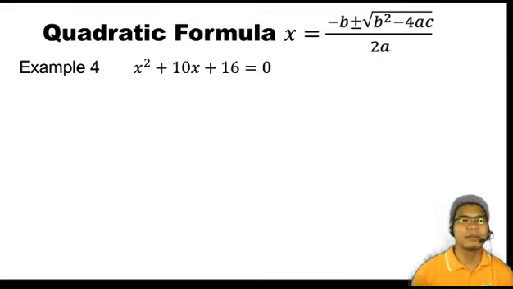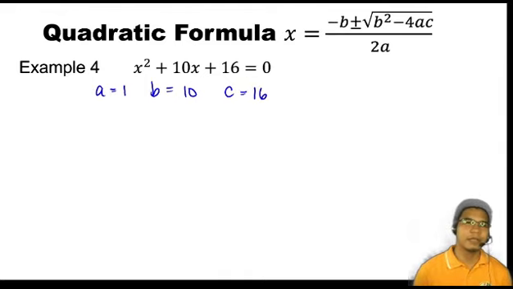So, yung example number 4 is x squared plus 10x plus 16 equal to 0, which is, again, already in standard form. So, dahil standard form na siya, kunin na natin yung value ng a, B, and C. So, ang A natin dito is positive 1. Ang B is positive 10. Tapos, ang C ay positive 16. Tapos, substitute na natin sa formula.